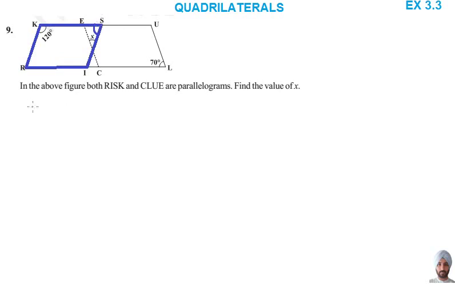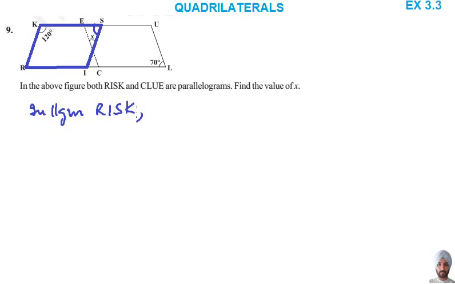So let's start. In parallelogram RISK, firstly I am writing the name of the parallelogram, because when I take angle S, it will be understood that I am taking this whole angle which is included in parallelogram RISK.